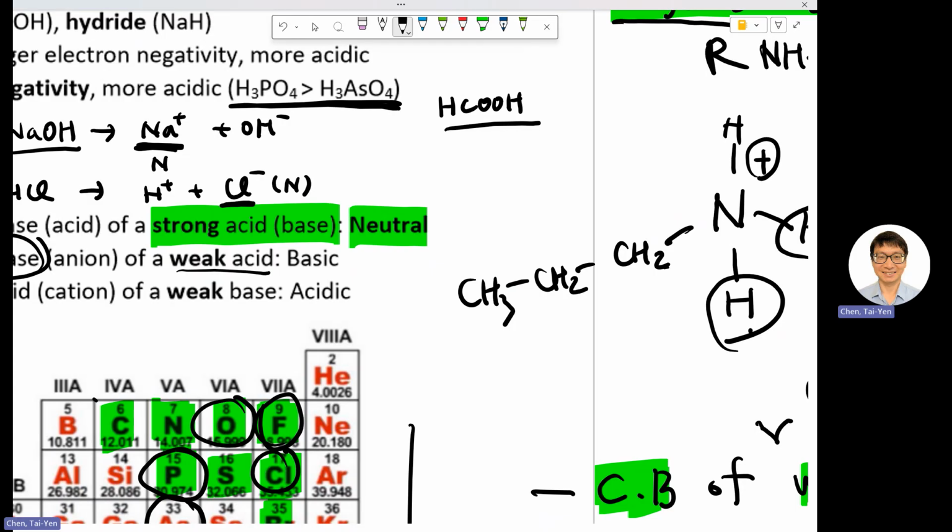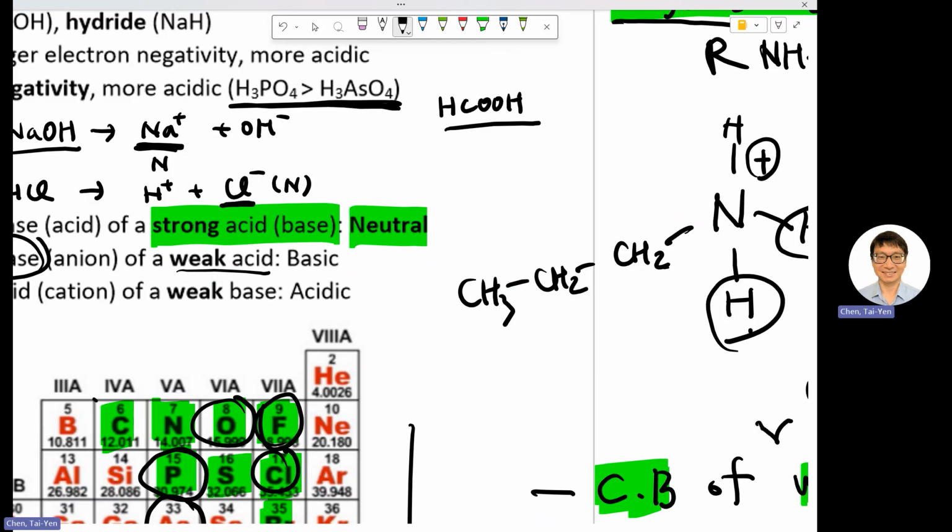When you look at this, what do you see? A lot of H and a lot of oxygen, which implies it is going to be an acid. Then you think about whether it belongs to the big seven. You realize no, it is not part of the big seven, therefore it is a weak acid.